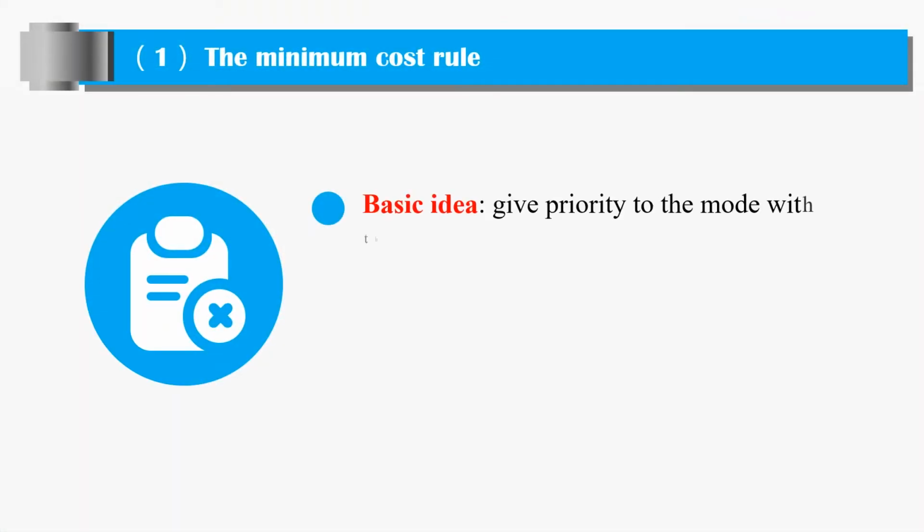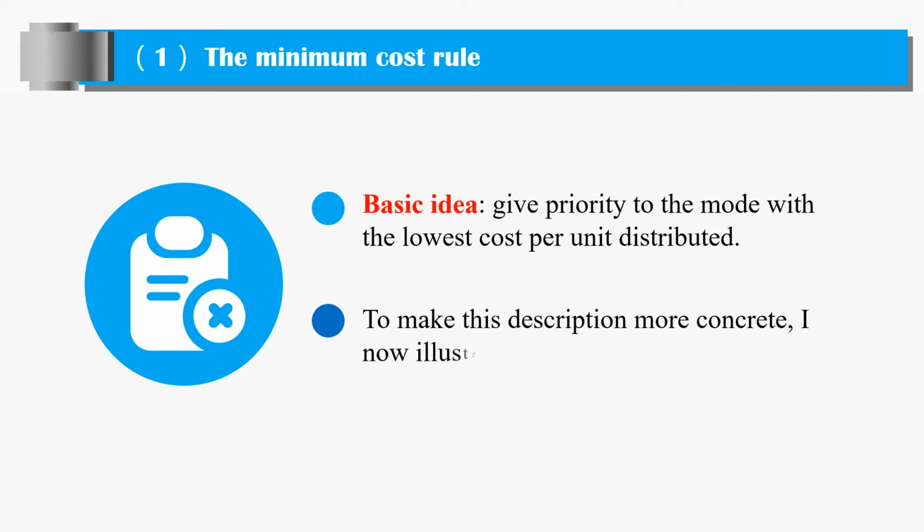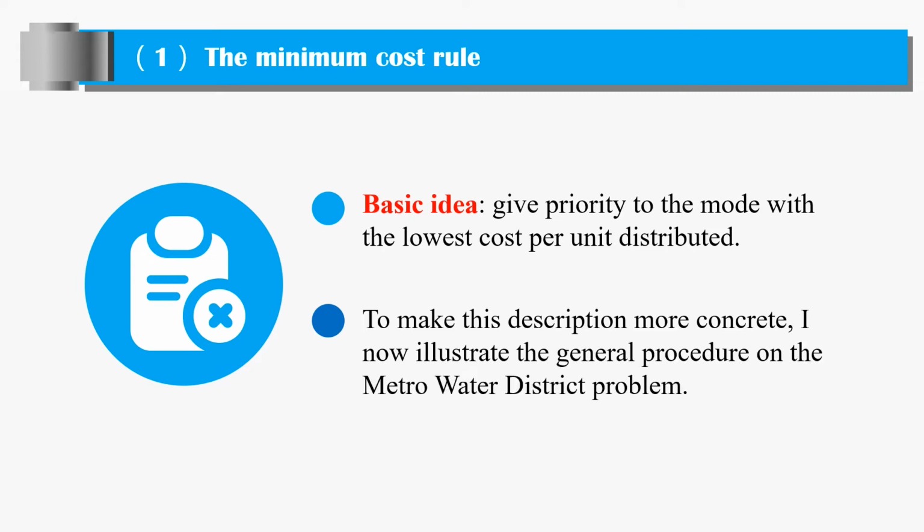So the first one is the minimal cost rule. The basic idea of it is giving priority to the route with the lowest cost per unit distributed. To make this description more concrete, I now illustrate the general procedure on the Metro Water District problem.